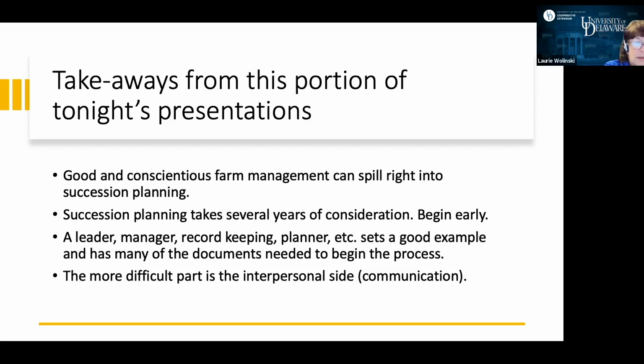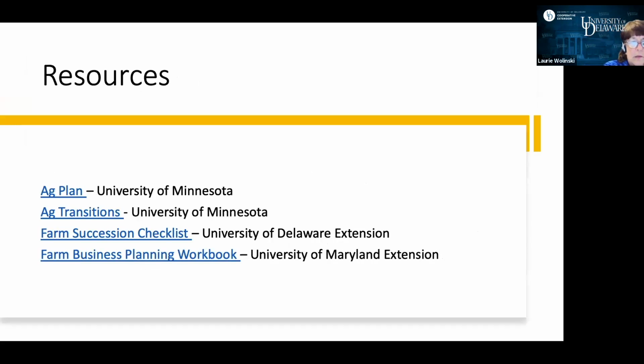So with that, I think that's the last slide. This session is being recorded, so once the recordings are posted, you'll be able to access these resources. Ag Plan is a resource from the University of Minnesota, as is Ag Transitions.